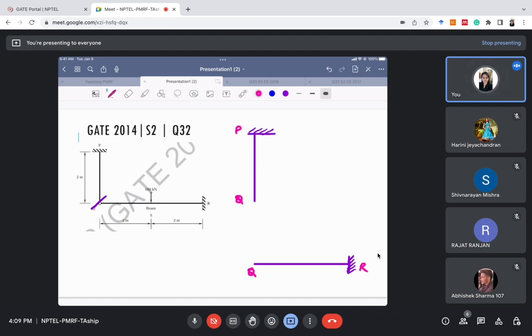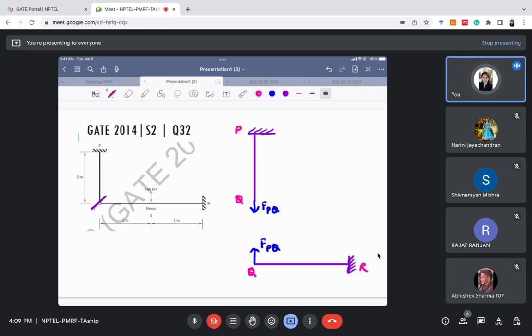Because I needed to find the value of FPQ. Whenever we separate a structure from somewhere, what do we do? We release the forces there, right? So here I have to release the force from here, and this force is FPQ, and here also a similar force FPQ is there. Okay.